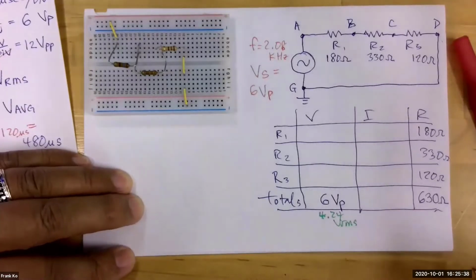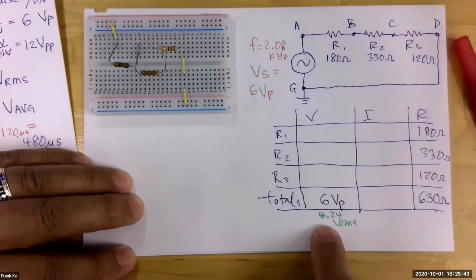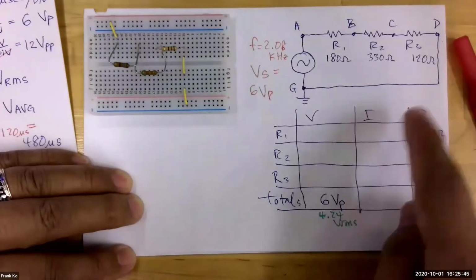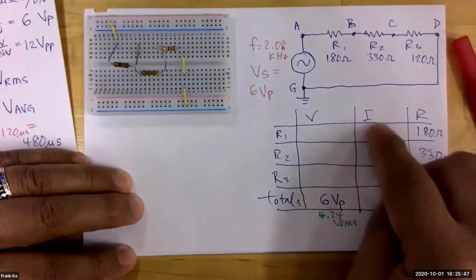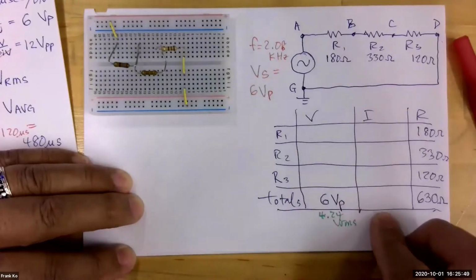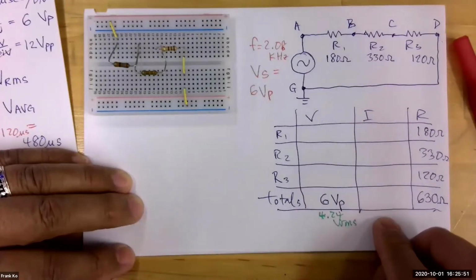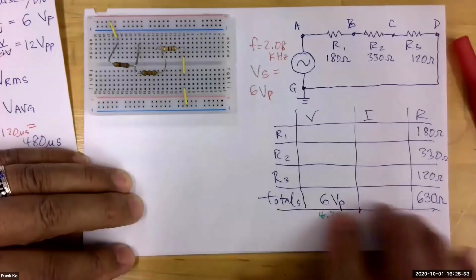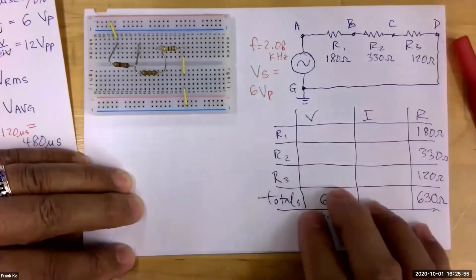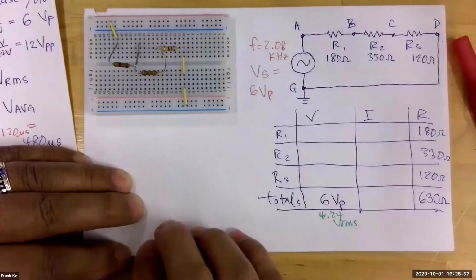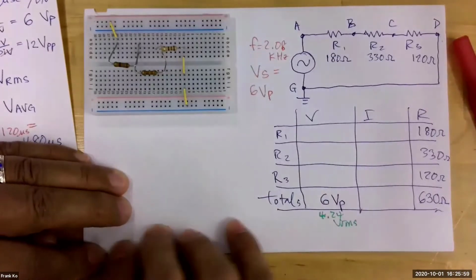Right there, okay. For currents, we're going to do this two different ways. We're going to calculate the peak current. We're also going to calculate the RMS current. So how do I determine current in this series circuit? What method do I use? Question goes to Robert.